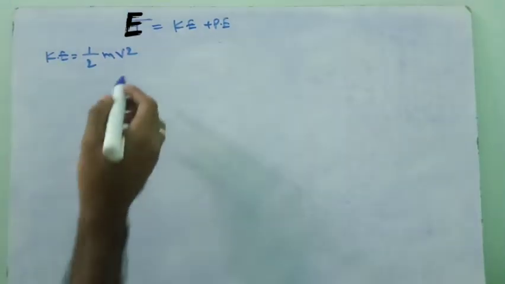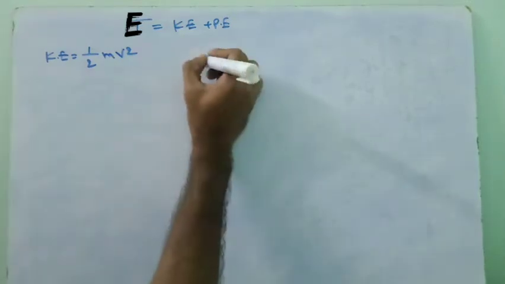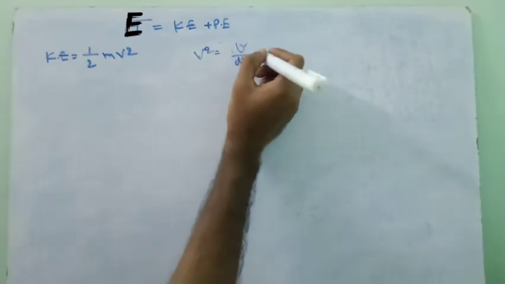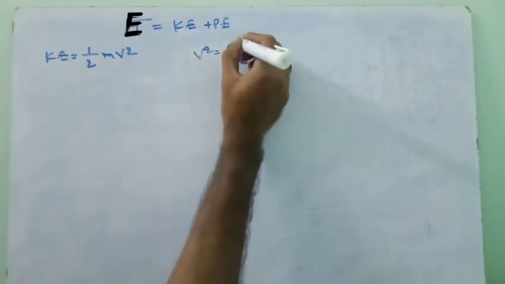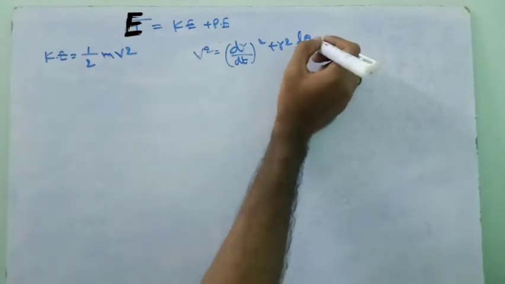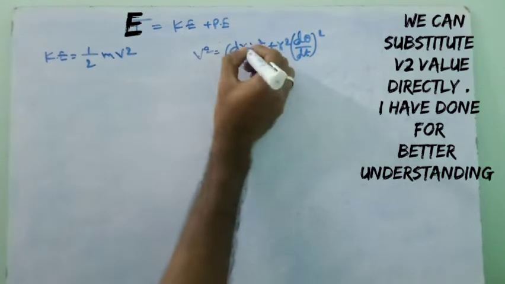We have the v square value from radial and transverse components in polar coordinates. V square is equal to dr by dt whole square plus r square d theta by dt whole square. How did this value come?